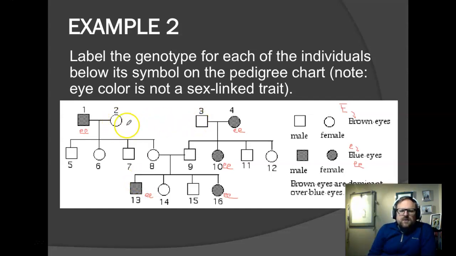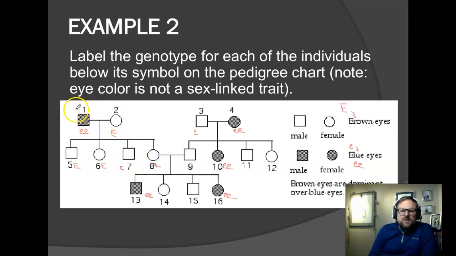What it also means over here is that all of these ones that are not shaded must have at least one dominant allele because they're expressing that. Now, we can't be 100% sure every time what the genotypes are going to be for all of these individuals.